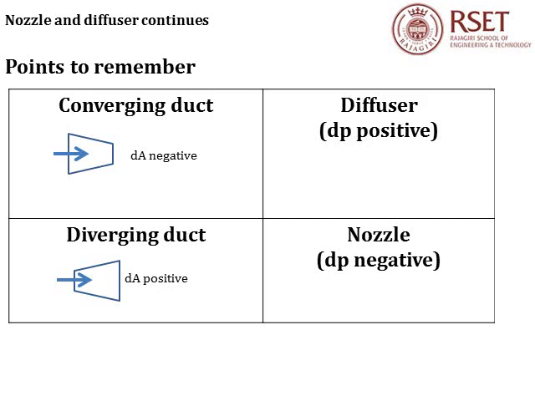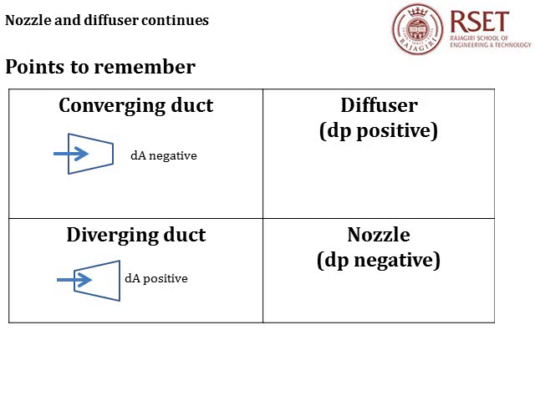That means the change in area in the direction of flow will be negative. For a diverging duct, as the flow progresses, it experiences an increase in area. That is, as the flow progresses, the dA value will be positive.